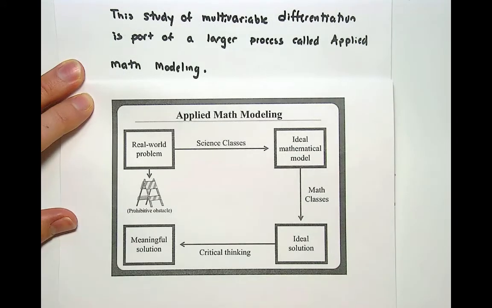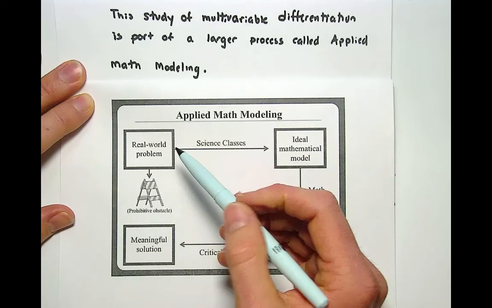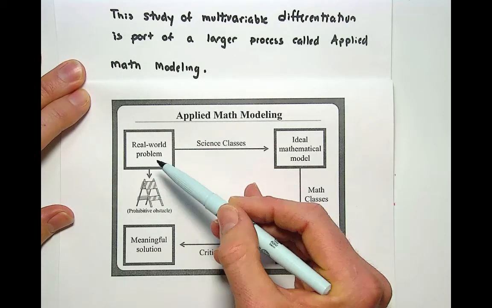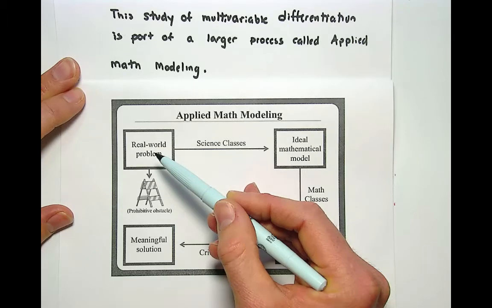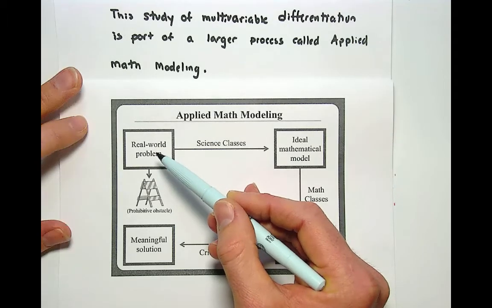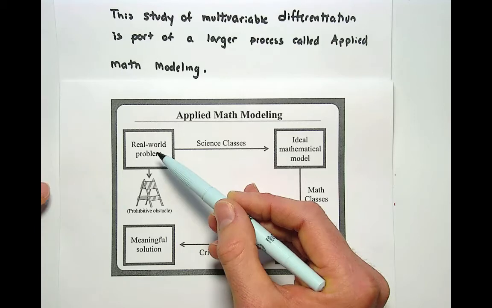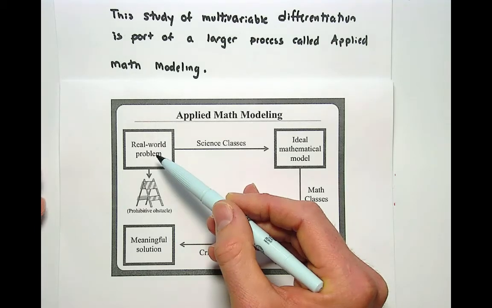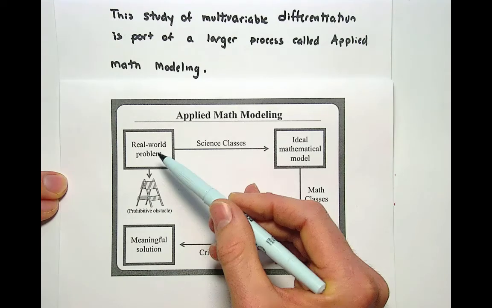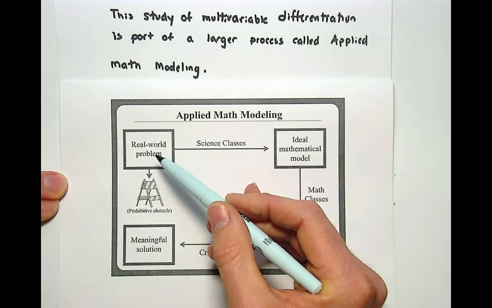Applied math modeling is a four-step process. For valuable applied math modeling, we usually start with a real-world problem, some problem that exists that we can see, that we want to solve. Perhaps we'll study a problem that's very, very famous in current times, which is, I would like a car to drive itself.